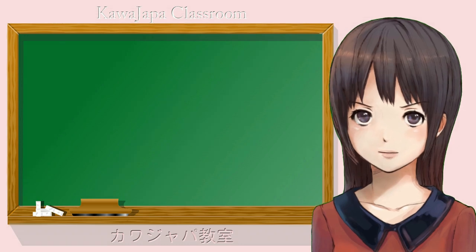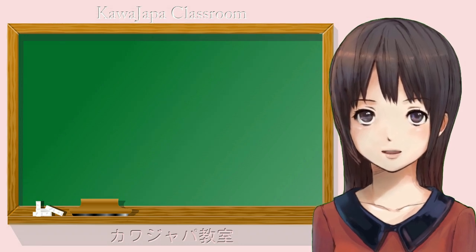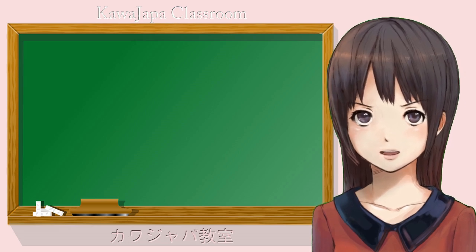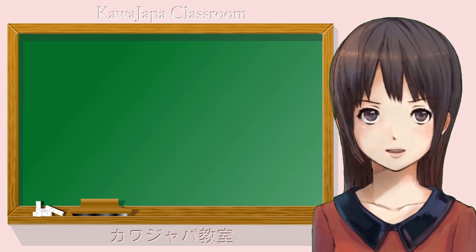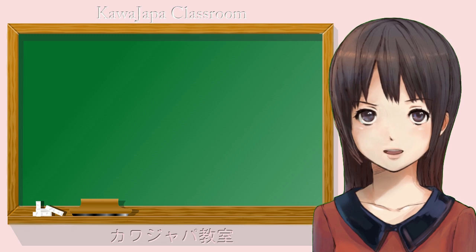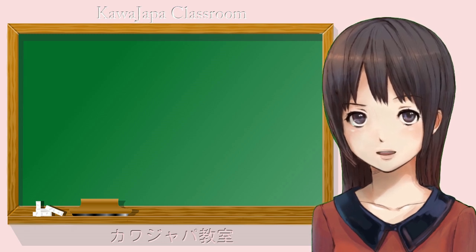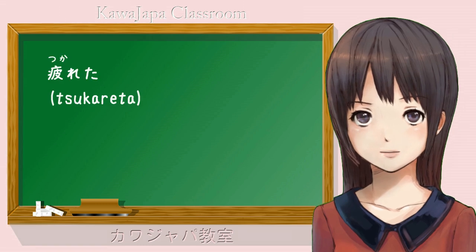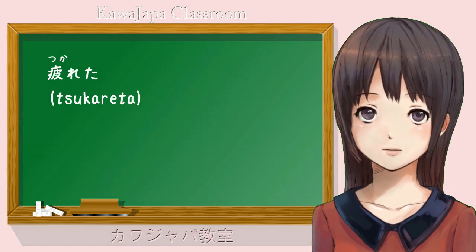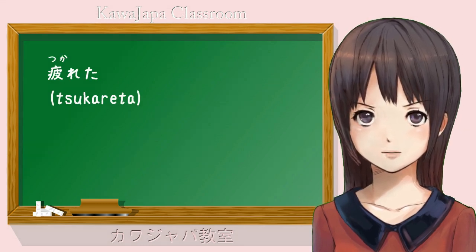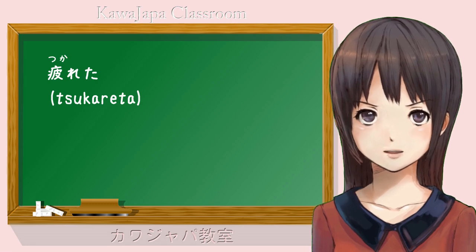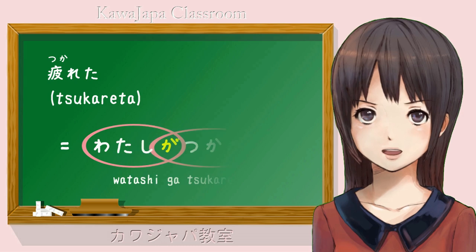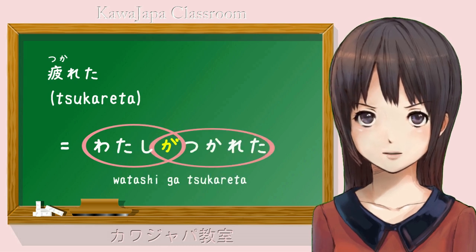So, let's take an example of a sentence with no apparent ga. A Japanese sentence can have no more than a single word in it. For example, tsukareta, that means became tired. The full meaning of the sentence, however, is watashi ga tsukareta.